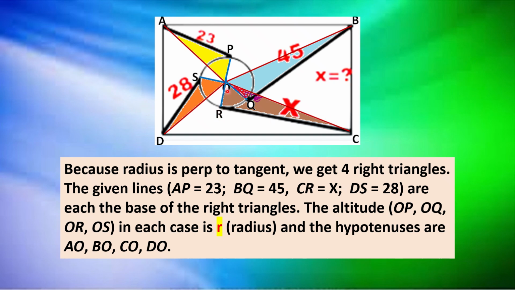And similarly, for the fourth one, DS base, OS radius, that is altitude, and DO, that forms the hypotenuse. So four right angle triangles where the base will be the tangents and the altitude will be the radius in each case.